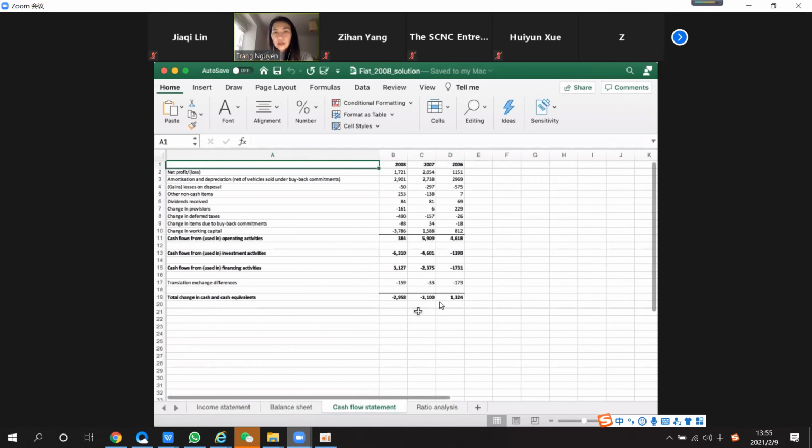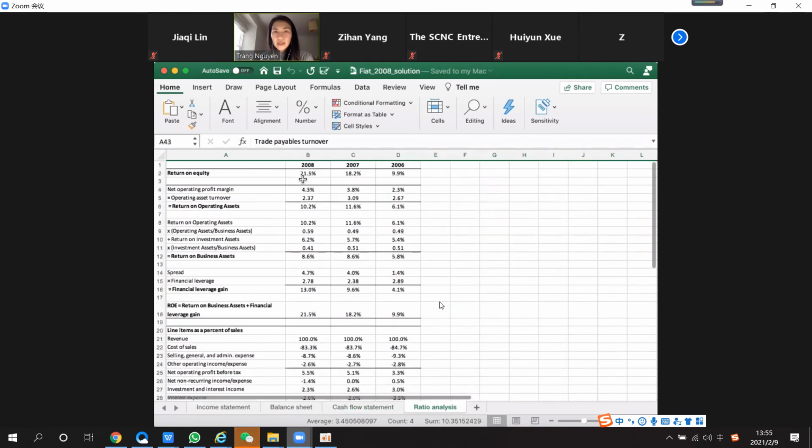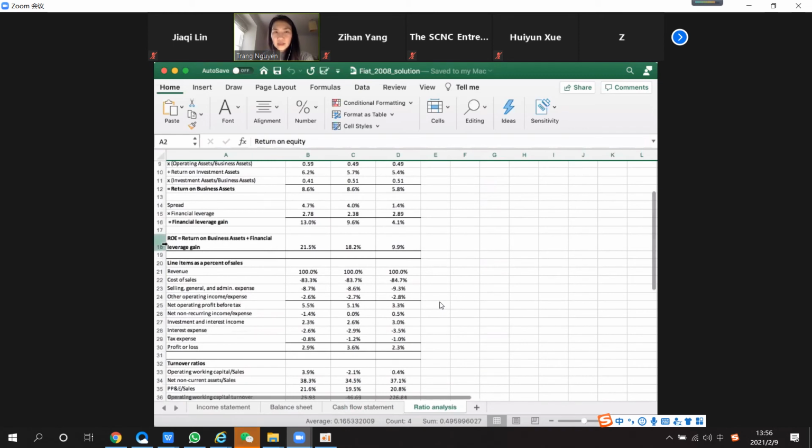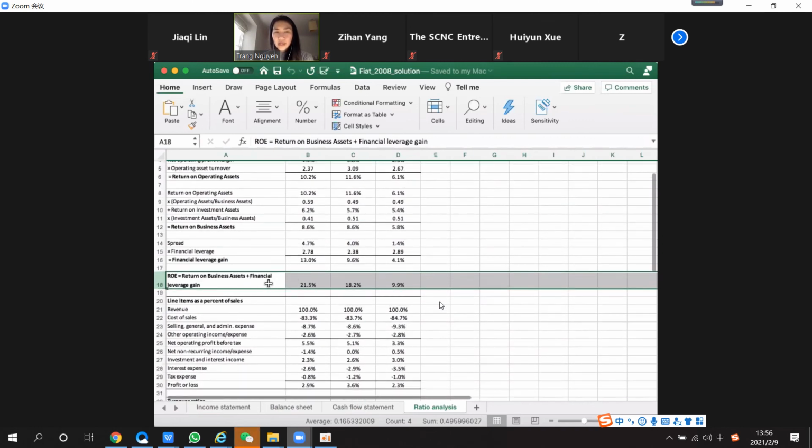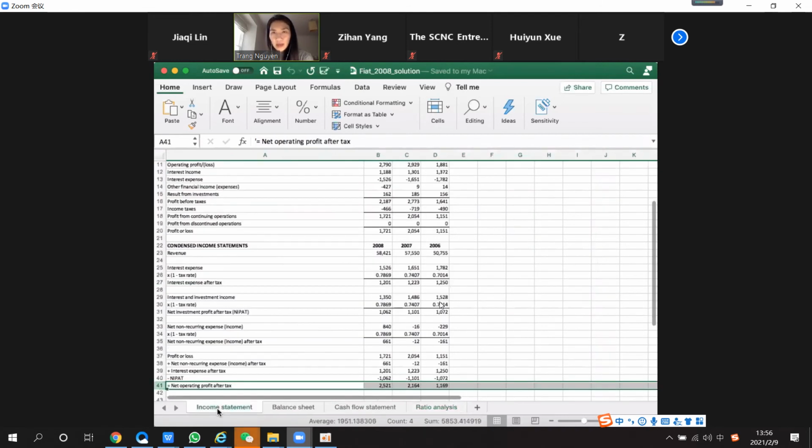After we recast, we will start to do ratio analysis. Based on this process, you can see the return on equity here is exactly the same as the return on equity if we use the alternative approach. Please have a look at those slides, and then we will analyze the ratios in the next session, next week.